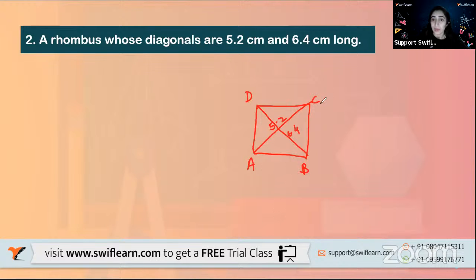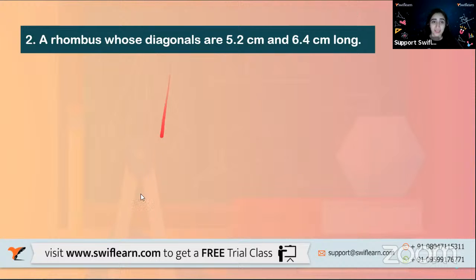Now I know that they intersect at a perpendicular. That means the diagonals are getting divided into equal measurements, so I know the length of each half. Can you do that? Making an angle bisector, joining all the points, then you are able to draw a rhombus. Okay, great.